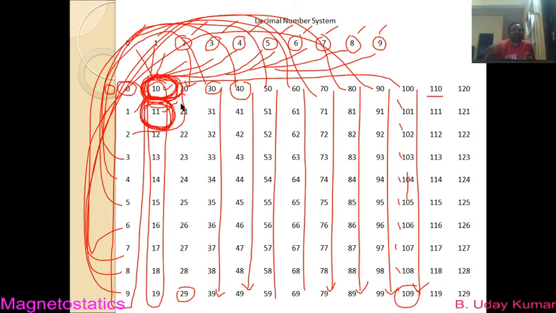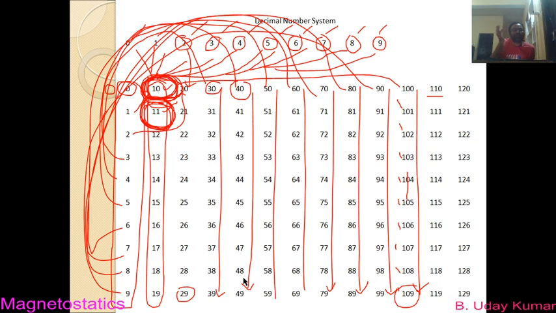Next, 1 combination to 9 combinations, you get up to 99. Similarly, 10 combinations, 11 up to 99 combinations, you get up to 199, and 29 combinations up to 299, and so on. It continues, and you can write any number that you want by using the decimal number system.